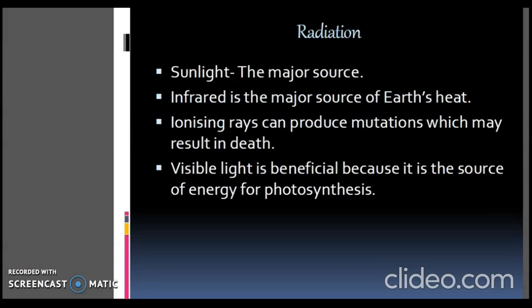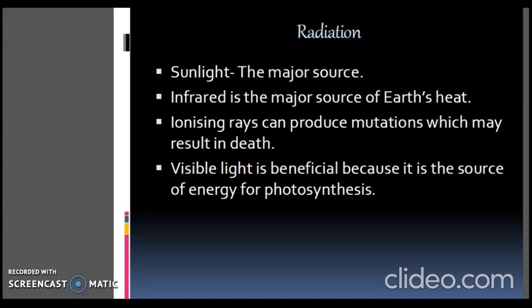Sunlight is a major source of radiation on the earth. Visible region of sunlight is the most important aspect of the environment, which is essential for life to be sustained on earth. Infrared is a major source of earth's heat, and ionizing rays can produce mutations which may result in death.